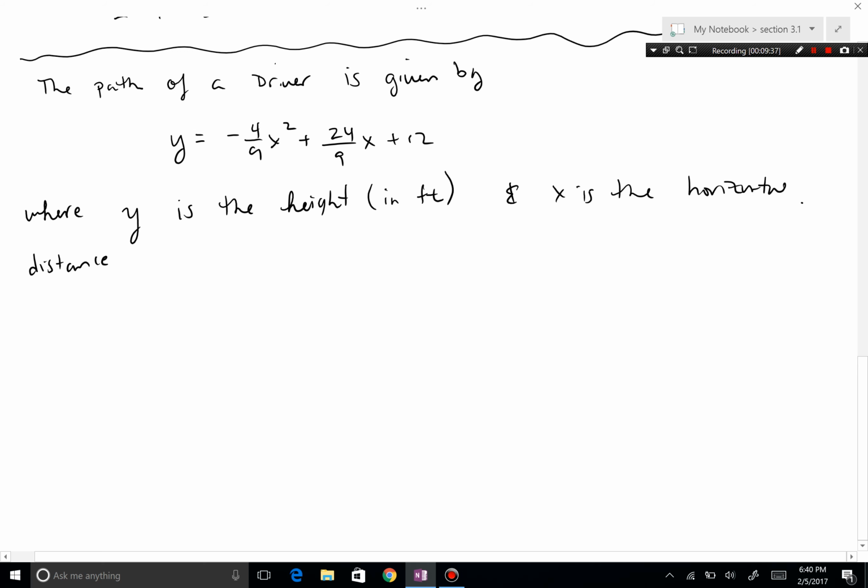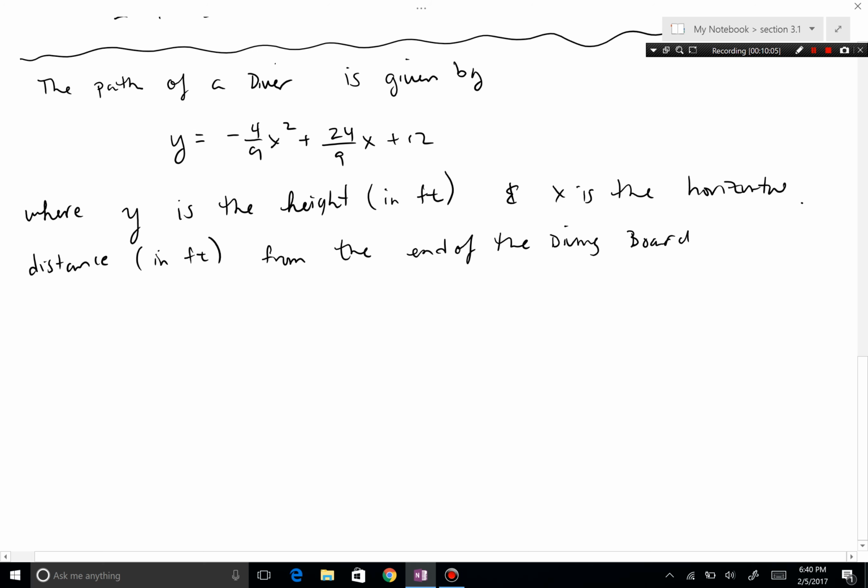Horizontal distance is a common thing, and so is height in feet. Oh, crap. I lied. This isn't driver. I just read the problem all the way. This is diver. So, from the end of the diving board.